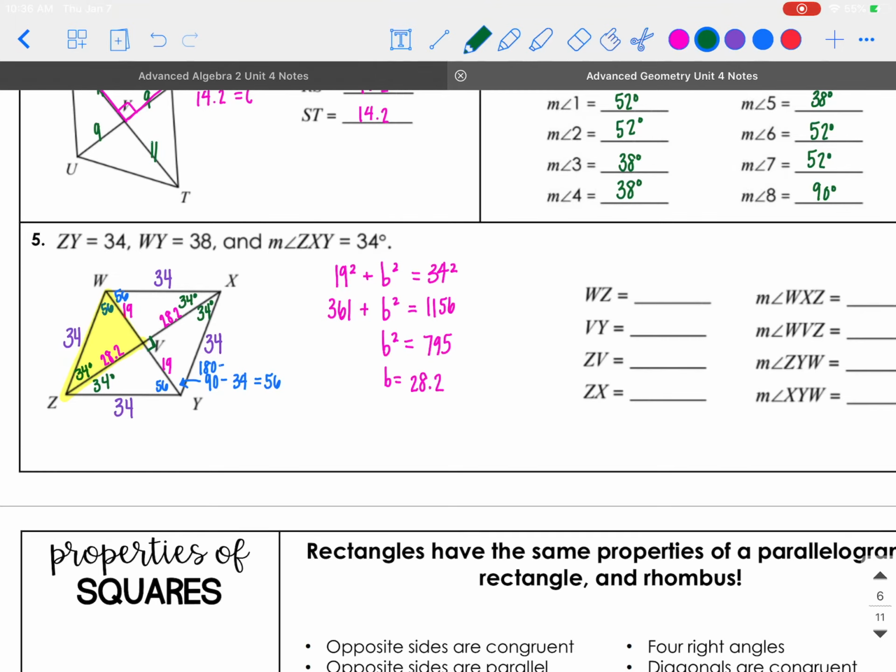Let's start with WZ, 34. VY, 19. ZV, 28.2. ZX, I would need to take 28.2 and multiply that by 2 to get 56.4.